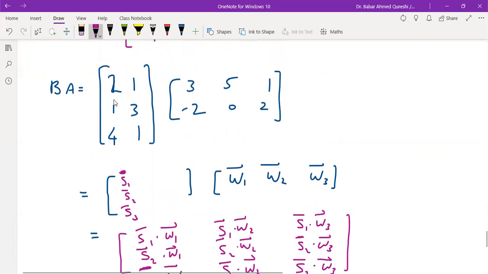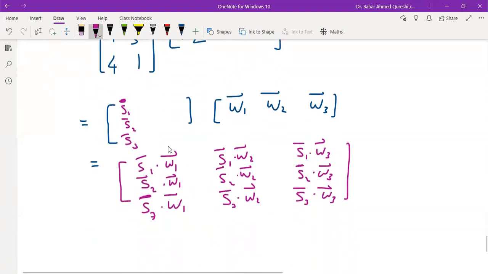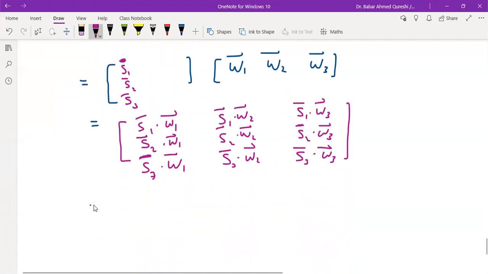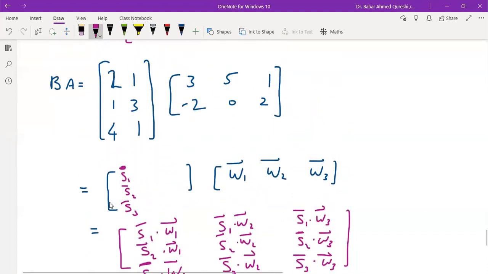So S1 is (2, 1) and it has to be dotted with this, then (1, 3) with this, and (4, 1) with this. Should I do it or should I just leave it over here? Let's just do it for once.